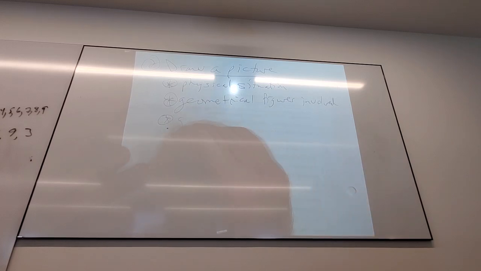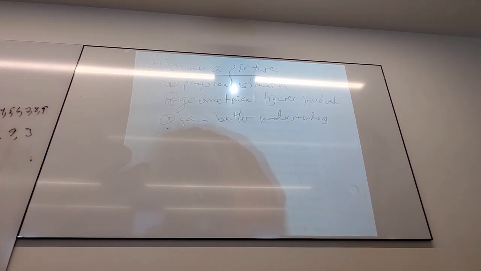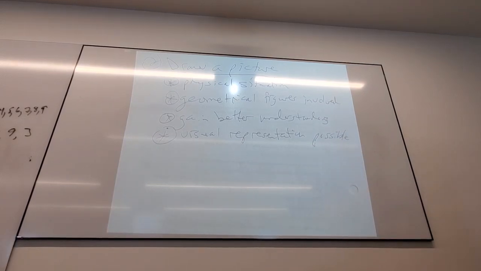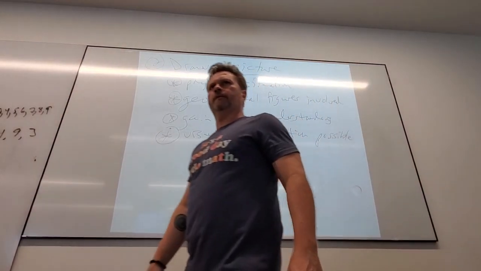Oh, and to gain a better understanding, that's going to be a part of a lot of these. And this one's funny: if a visual representation is even possible. Kind of makes sense. I'm not going to draw a picture if there's nothing I can draw, like I said earlier.